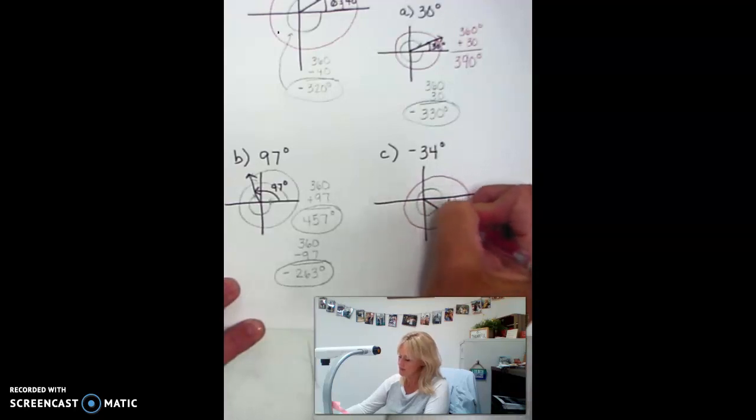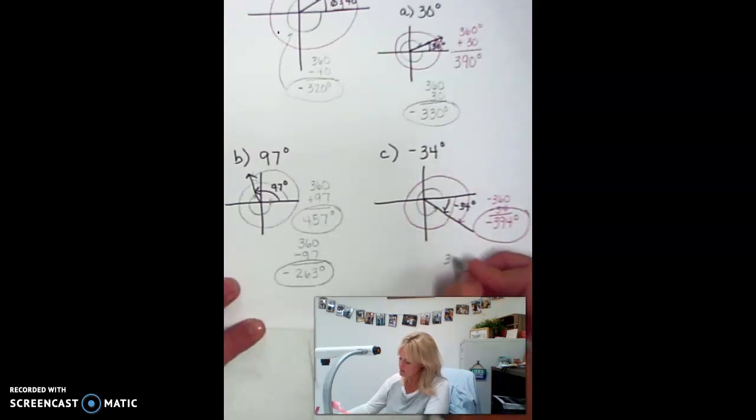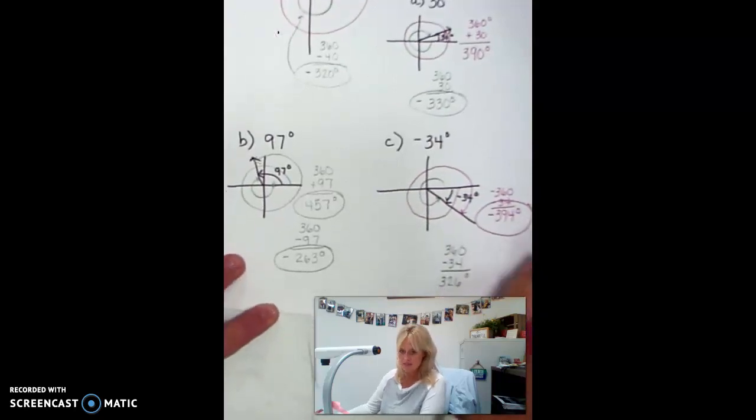However, I stop here. So it's 360, take away this little chunk. 360, take away 34 degrees, lands me at 326 degrees. Which direction did I go? I started up first, which means it is a positive 326 degrees.